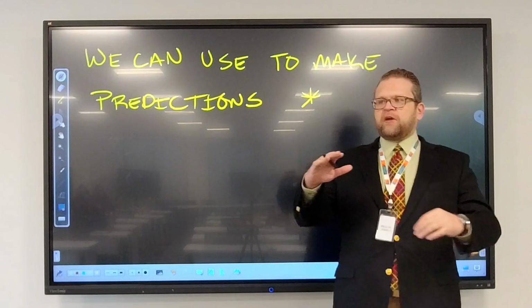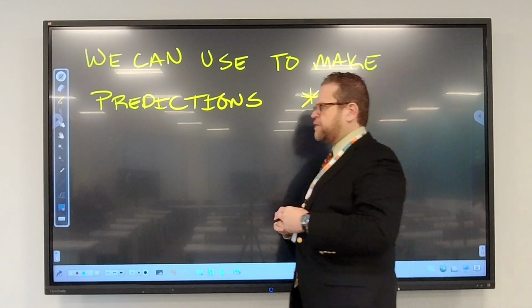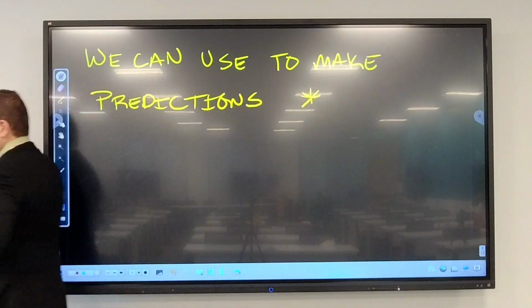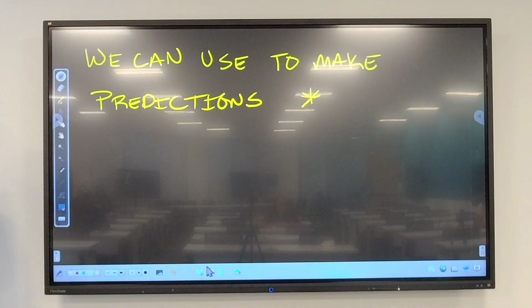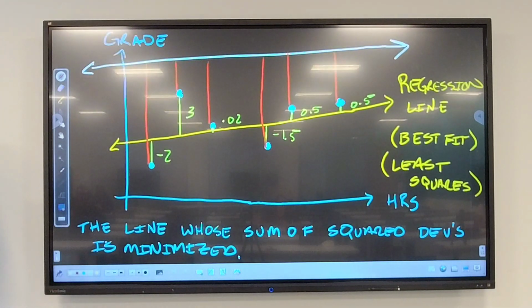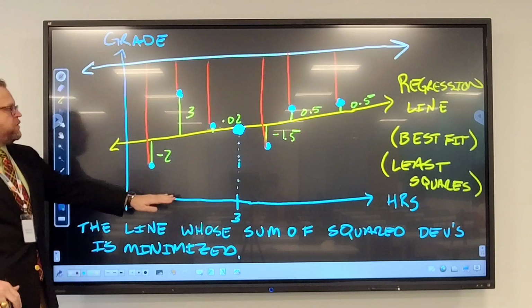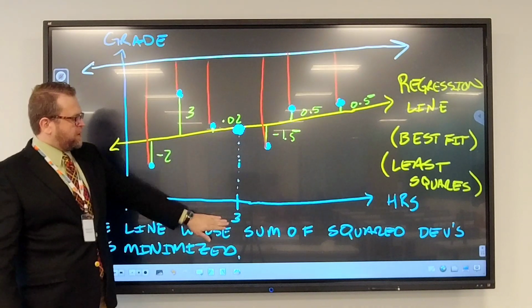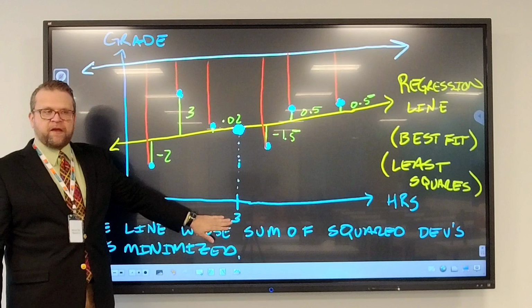Even though that line comes very close to what all our data points are, I might be curious, well, if someone spent this amount of hours, maybe this is 3 hours, then I could kind of predict what score they might get on the test by just using the y value that I would get on the line when I put a 3 in for x.